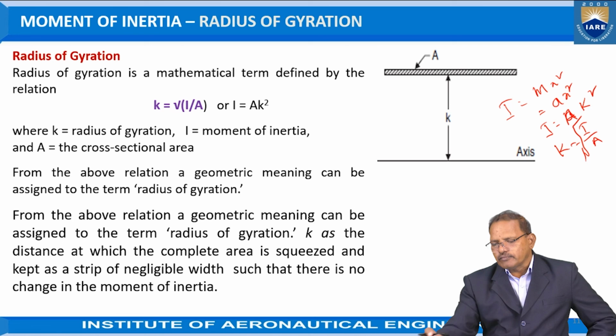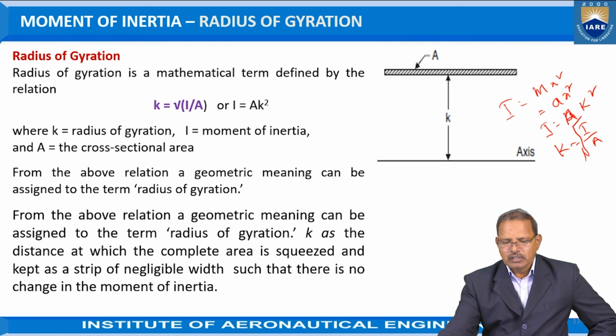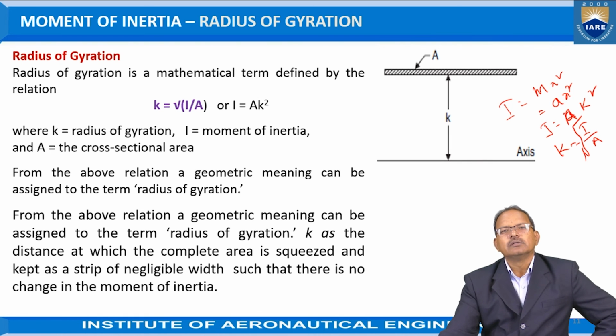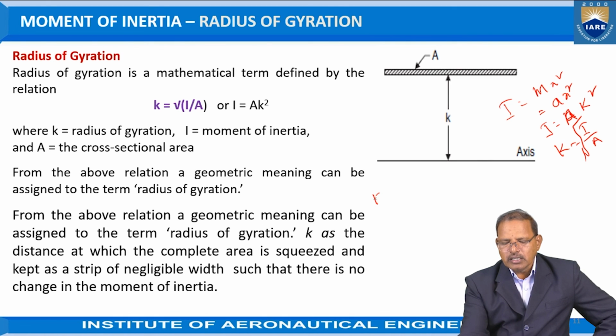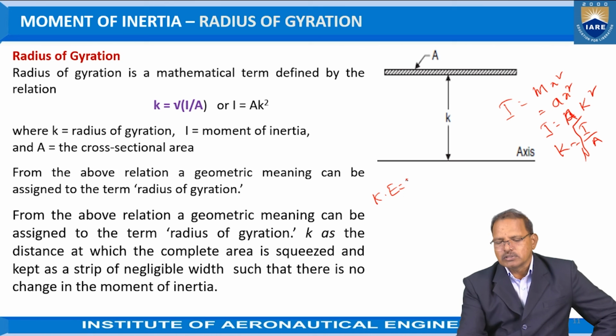These equations are most useful for determination of the momentum possessed by that element as well as the energy possessed by the element when it is in rotational motion. And the moment of inertia plays a key role in engineering as well as science applications, as mass does when the body is in plane motion. Here, the kinetic energy possessed by the mass in linear motion is given by one by two m v square.